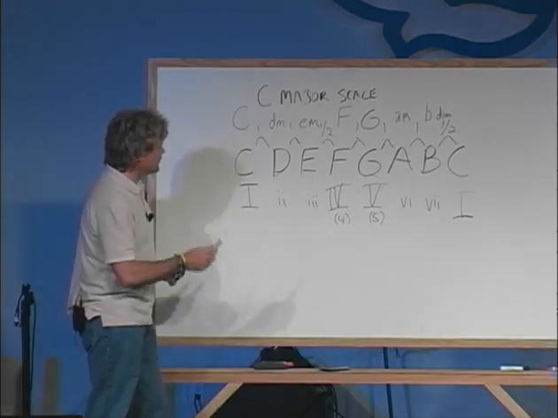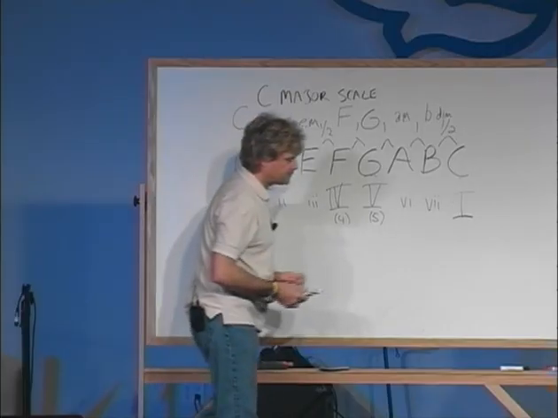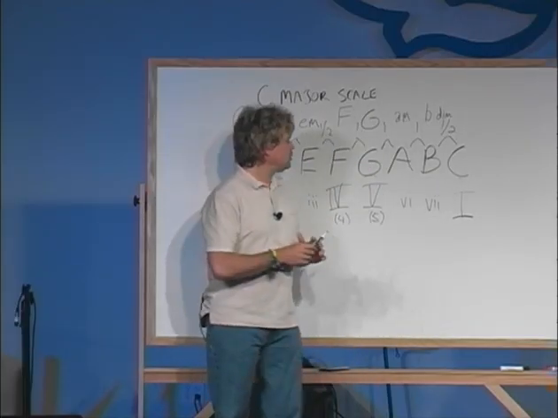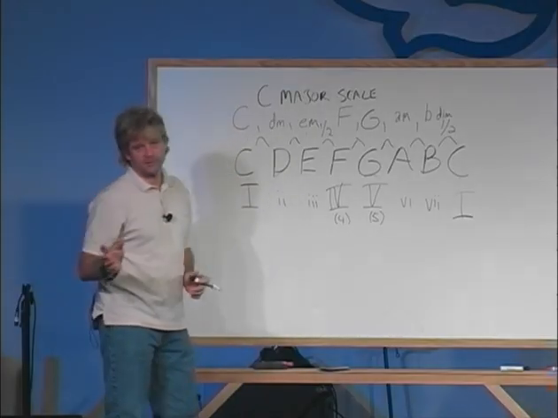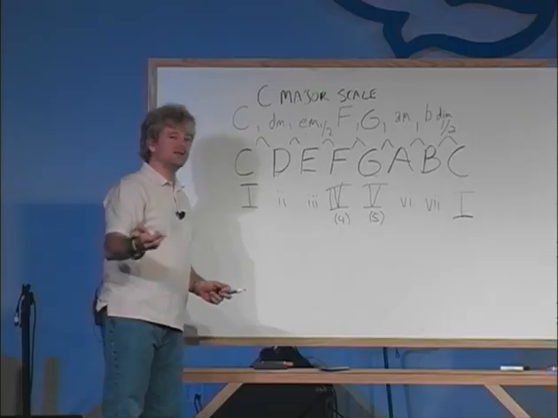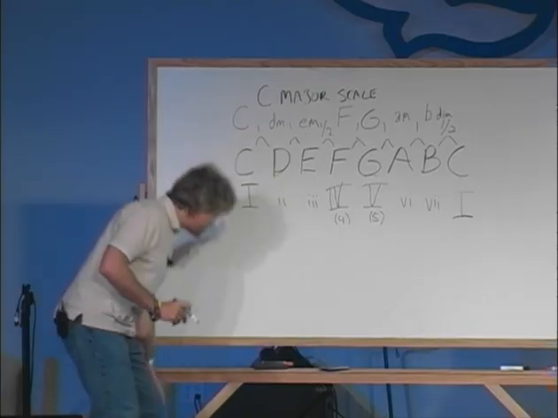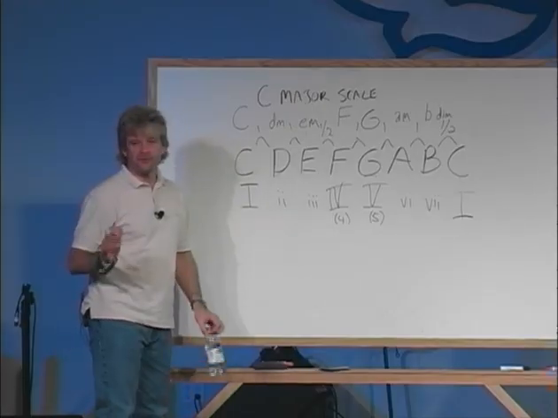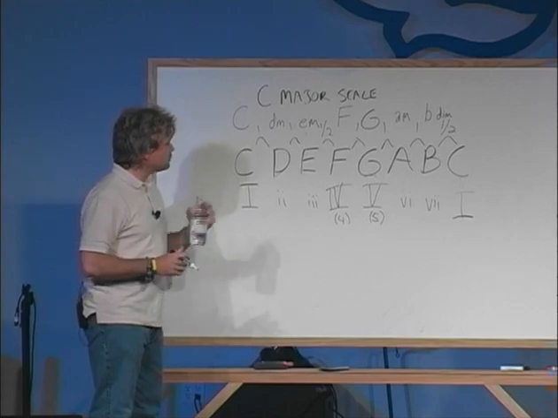In other words, the first and the fourth and the fifth, these three major chords, are that movement. 1, 4, 5 is the most common movement in all of music. It's by far the most common in rock and roll. It's by far the most common in classical. Jazz, less so. Country, by far. So almost every type of music.